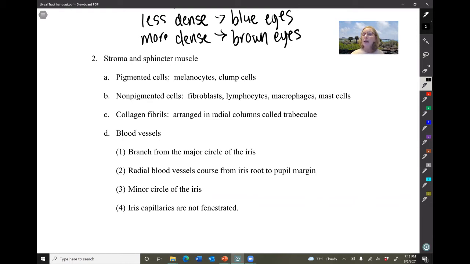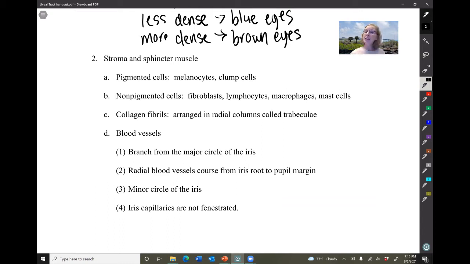Some of the non-pigmented cells are fibroblasts, lymphocytes, macrophages, and mast cells. There are also a lot of collagen fibrils within the iris, and these are arranged in radial columns called trabeculae.